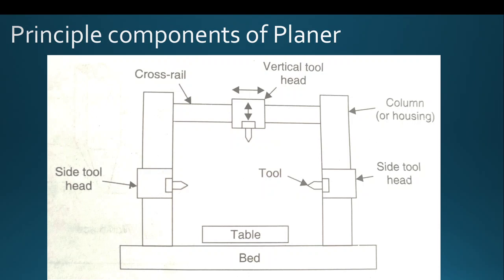See, the housing is a strong column which is provided with the slideway in its front, which is used to engage the cross rail to move up and down. Movement of the cross rail in vertical direction is possible by engaging it with the vertical guideway provided in the two columns. And in the cross rail we provide a tool head.